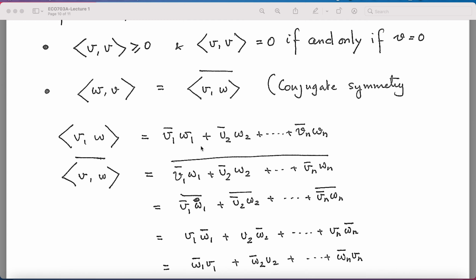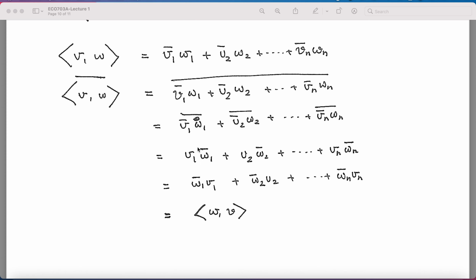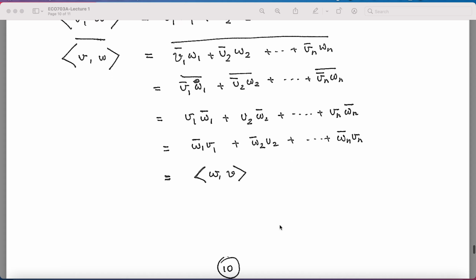If you take the conjugate of vw, which is v1 bar w1, v2 bar w2 and so on, and you take the whole conjugate, then using the properties of the conjugate of a complex number, you take the sum of the separate conjugates, the conjugate of the product of two complex numbers is the product of the conjugates, and the conjugate of the conjugate is the complex number itself. Using that you get back this. Here you of course use commutativity of complex numbers, and that is it.